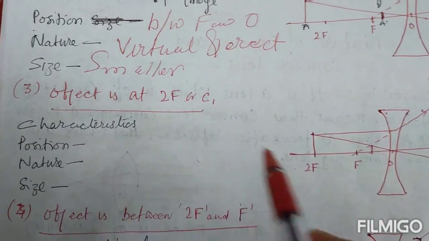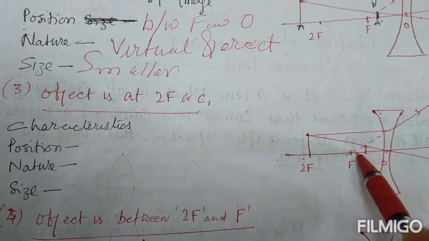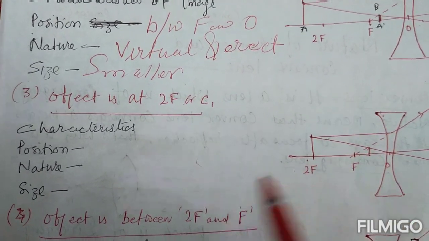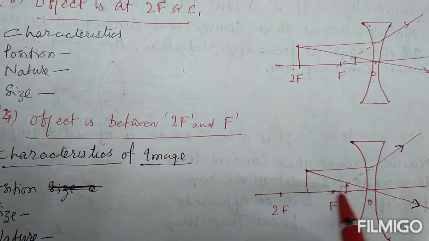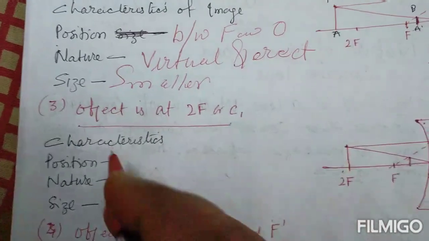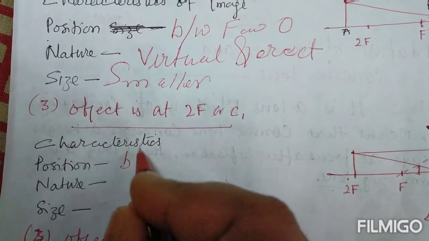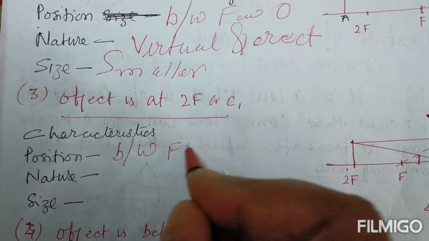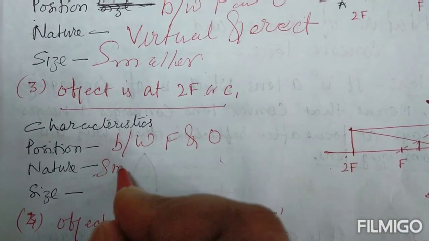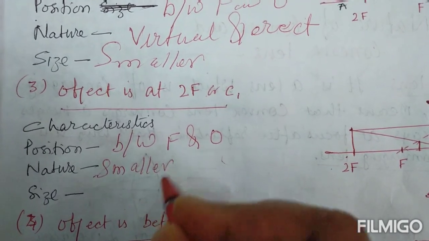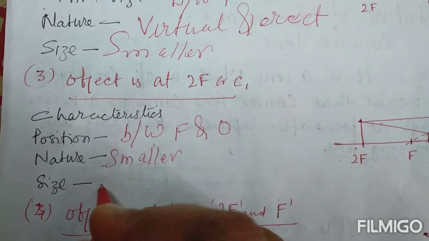When the object is between 2F and C, the image is between F and O. When the object is between 2F and F, the image is between F and O, size smaller.